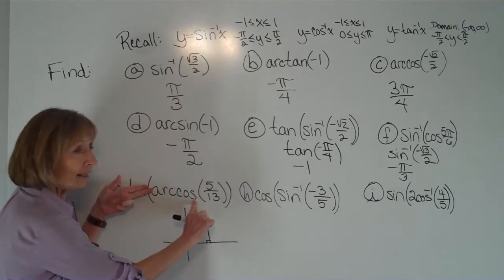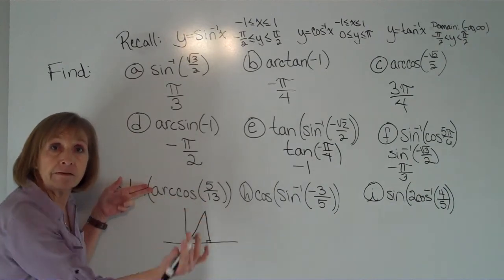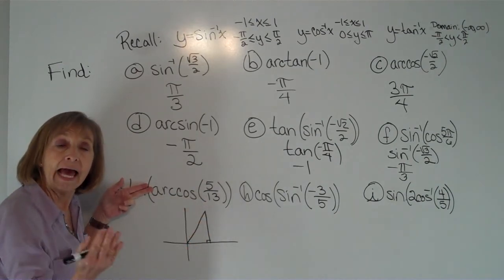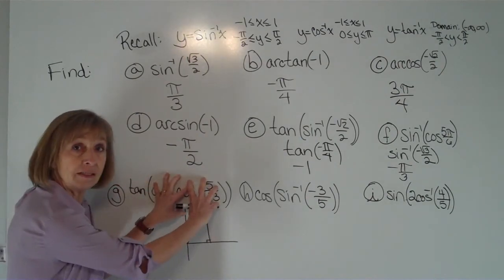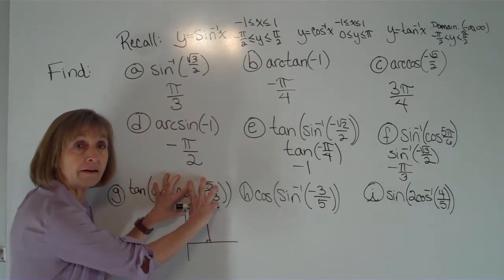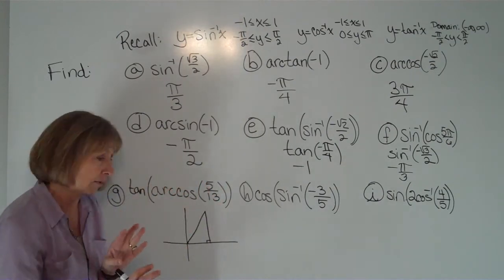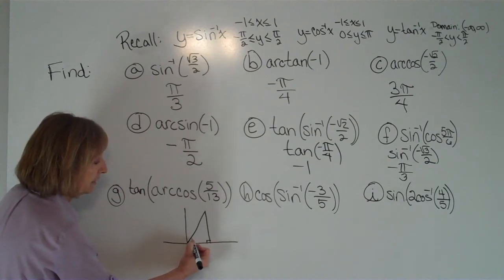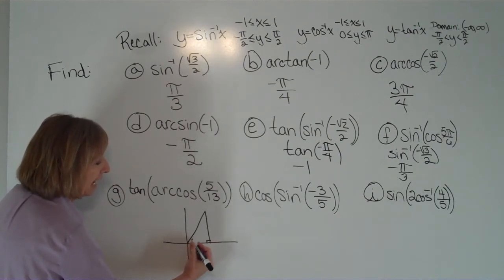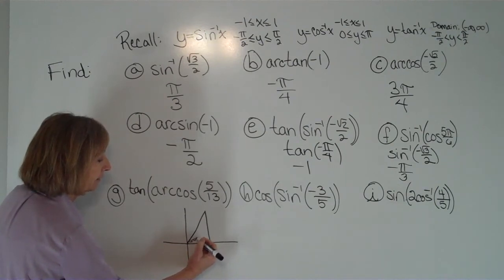And inverse cosine functions, inverse trig functions in general, have ratio in, angle out. So this is an angle. The arc cosine of 5/13 is an angle. And it's the angle in standard position for the trig angle. So this actually written all the way out is arc cosine of 5/13.